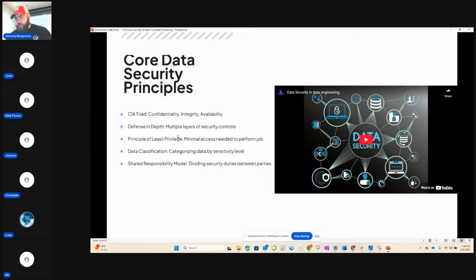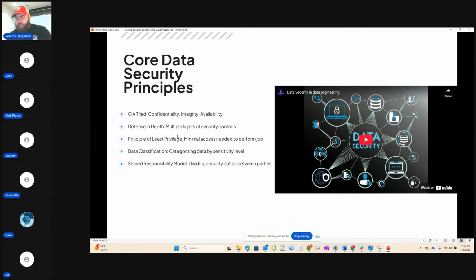So confidentiality is making sure the right people see the right information and nobody else does. Integrity is like if something's generated data, that it has integrity. It's generated from the source that it said it was generated from.